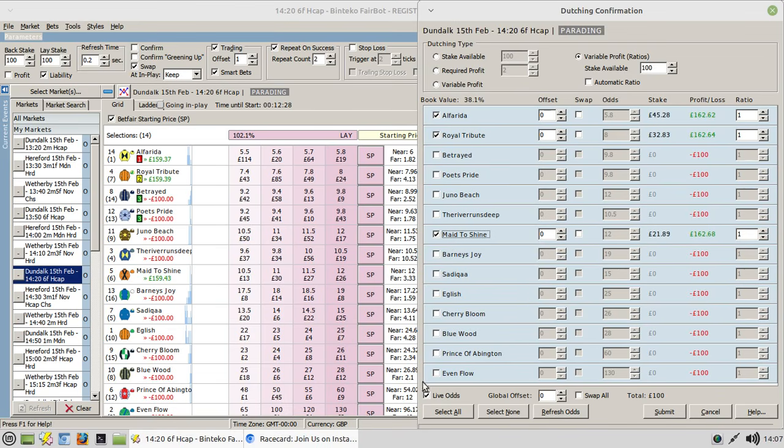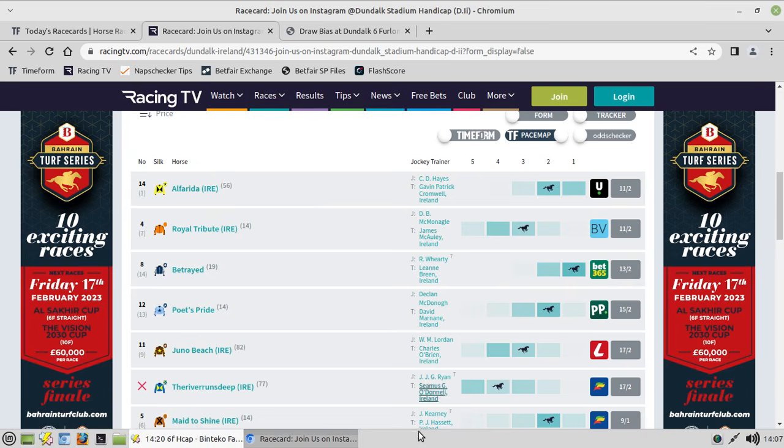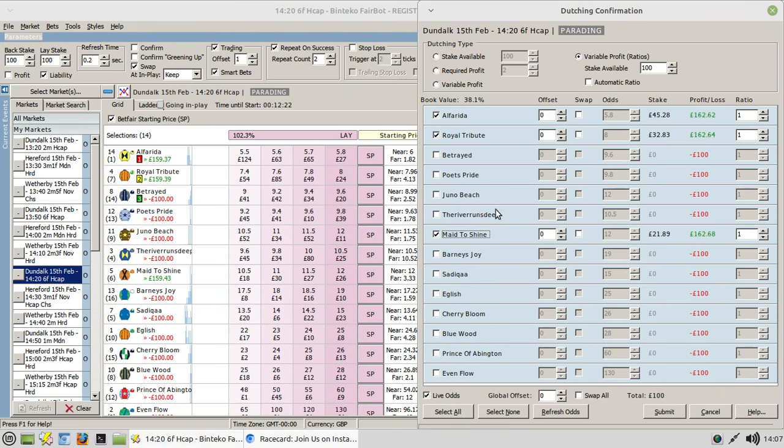So the return's fine on those. The other two, Betrayed and Poet's Pride, which are those two. If we wanted to do insurance on them, trouble is here that you're starting to get too many runners for your selections, which, as I've said before, starts to make it difficult to trade out, and it will be difficult to trade out in a sprint.